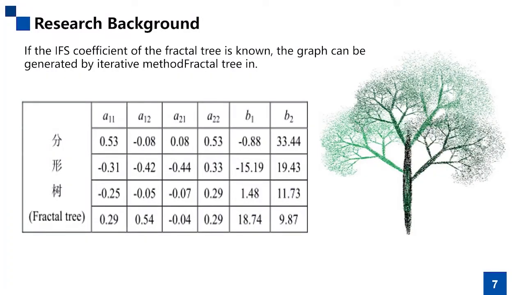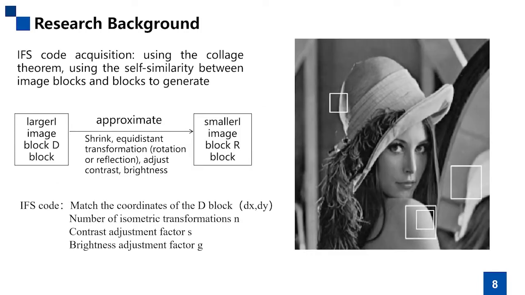If the IFS code of the fractal tree is known, the original image can be generated by an iterative method. To acquire the IFS code, the collage theorem is used to generate the self-similarity between image blocks.